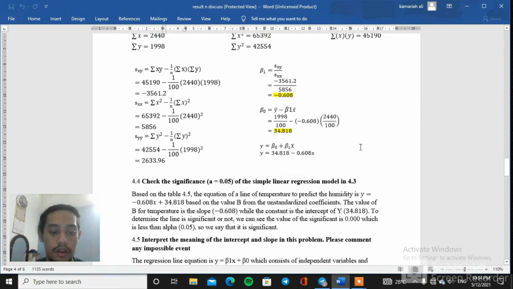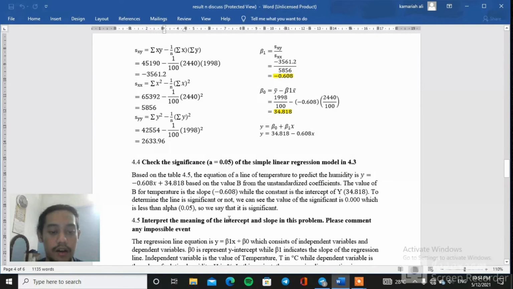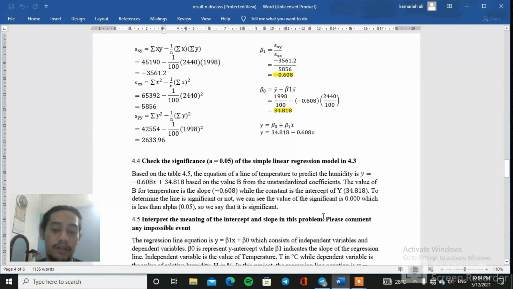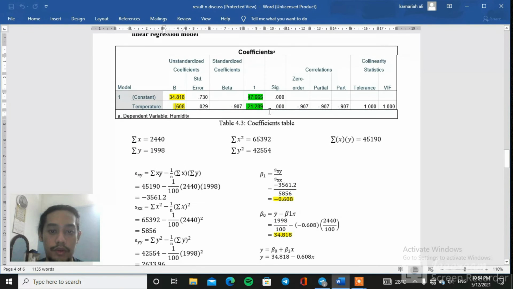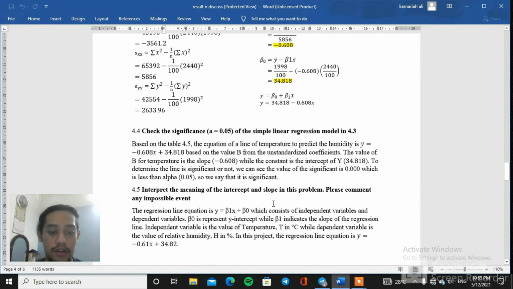Here, negative 0.608 and the constant in the intercept of y is 34.818. To determine whether the line is significant or not, we can see the value of significant is 0.000, which is less than 0.05. So we can say here that this is significant.